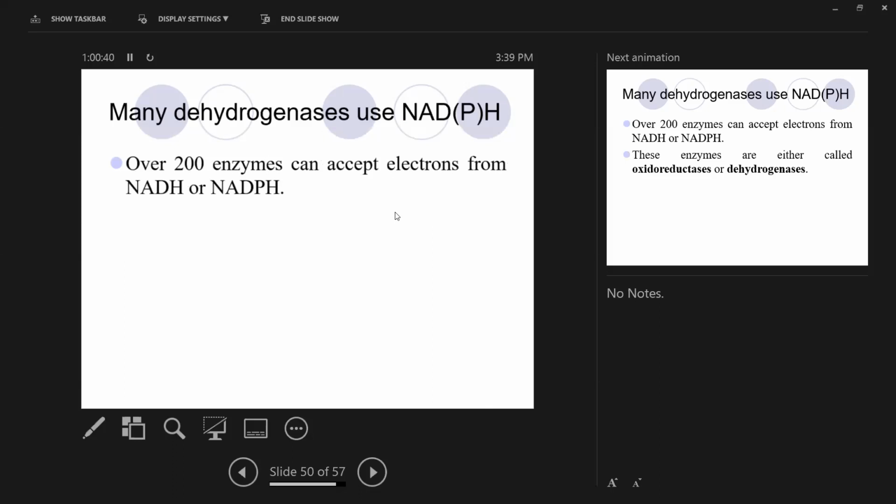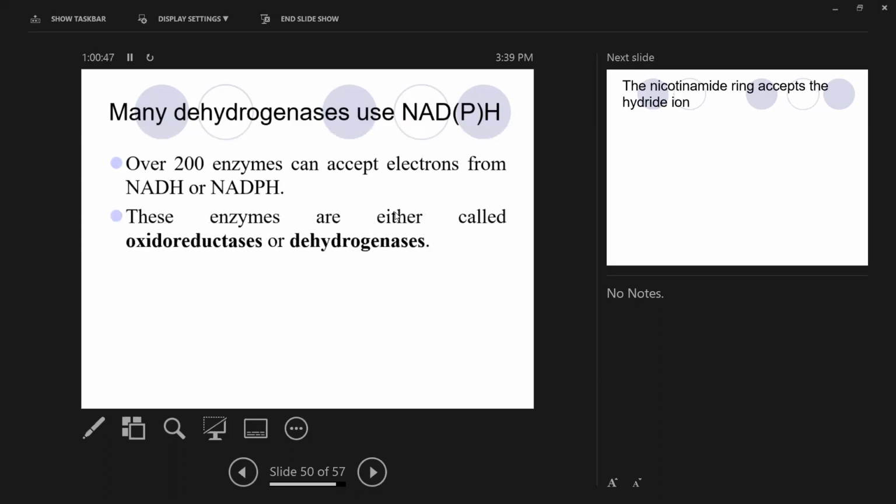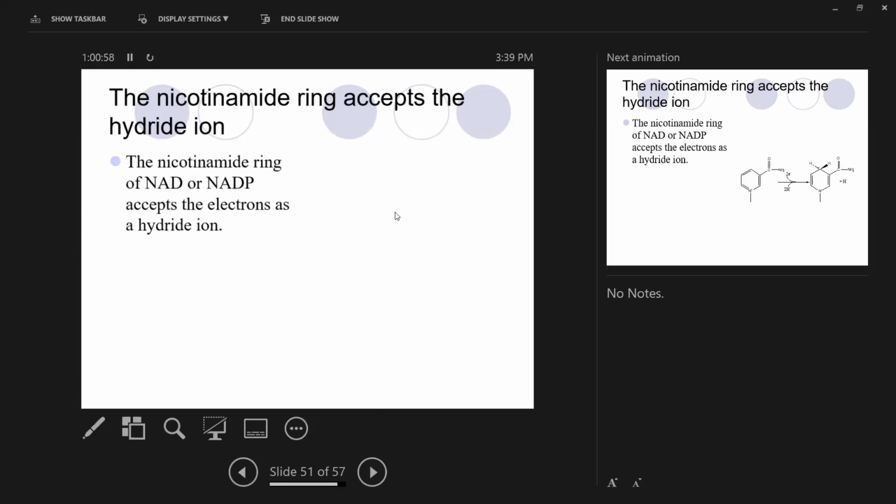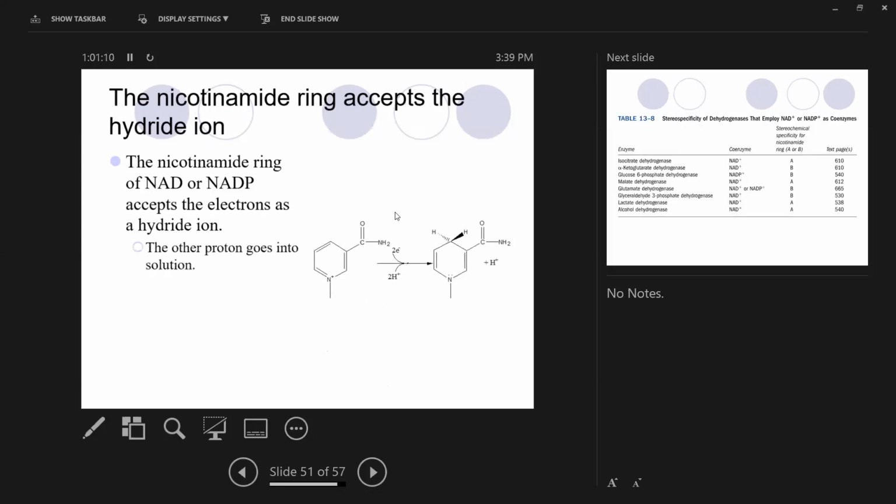In fact, there are over 200 enzymes that use these as cofactors. They're called oxidoreductases, or more commonly, dehydrogenases. The nicotinamide ring carries that as a hydride, going to the reduced form, and again, that's planar. The other proton just goes into solution.